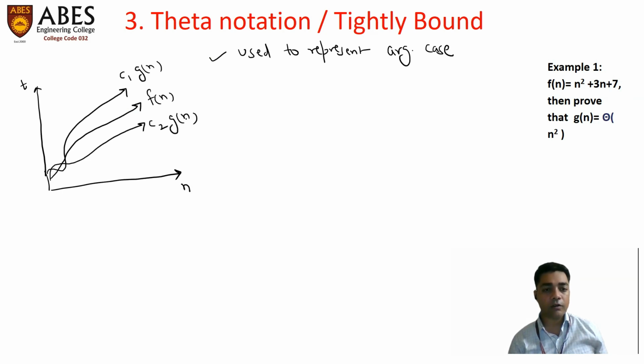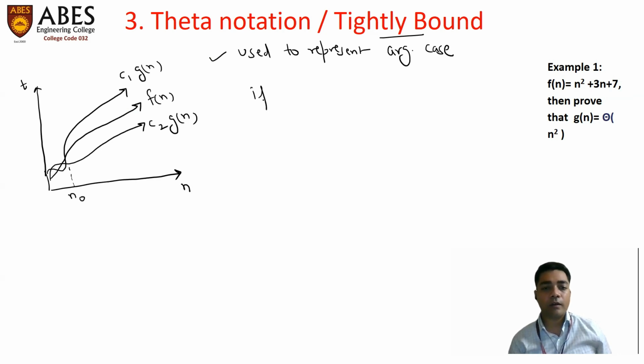And this is why it is called a tight bound, because it is bounded by both the upper bound and the lower bound, as we have to find the average of all the cases. So we have taken these two lines, and here we have written n0.